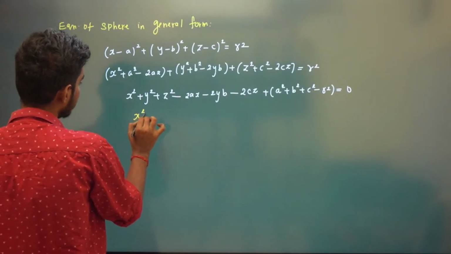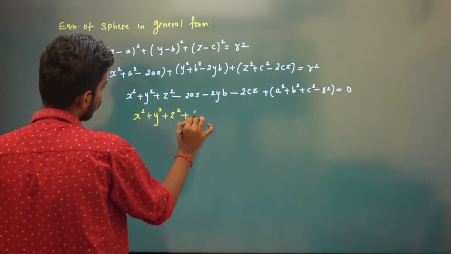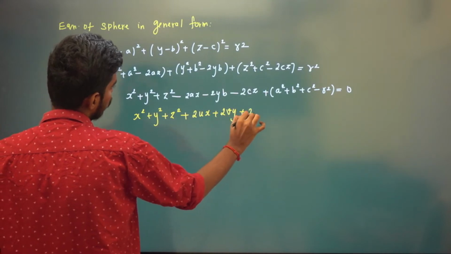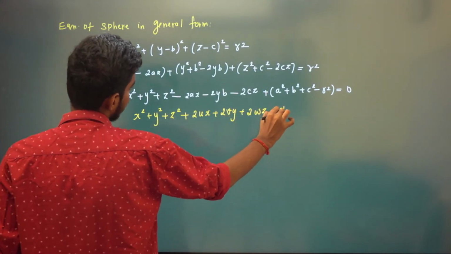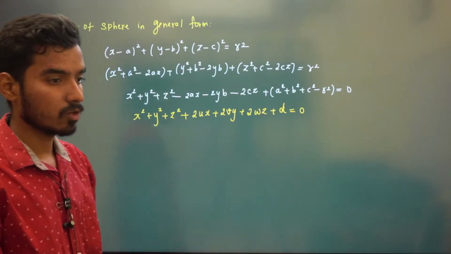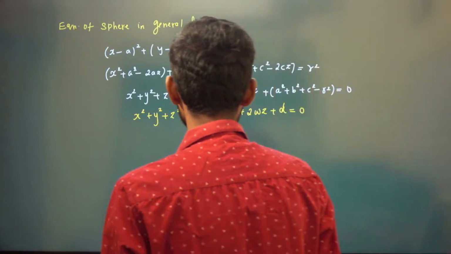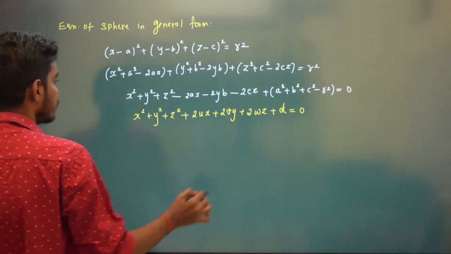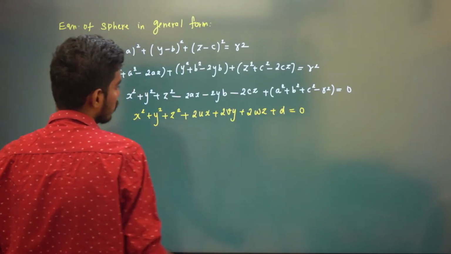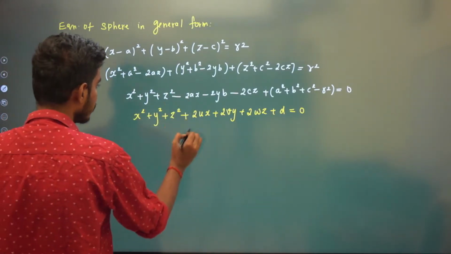Keeping x² + y² + z², instead of the rest I'm going to put 2ux + 2vy + 2wz + d = 0, right? What is 2u? Just compare this.